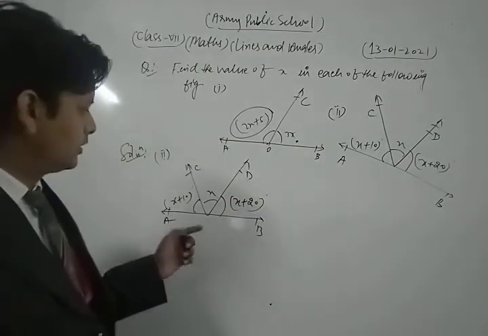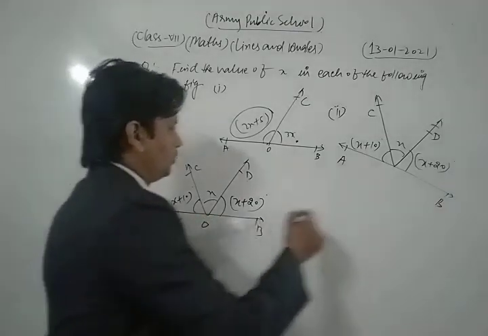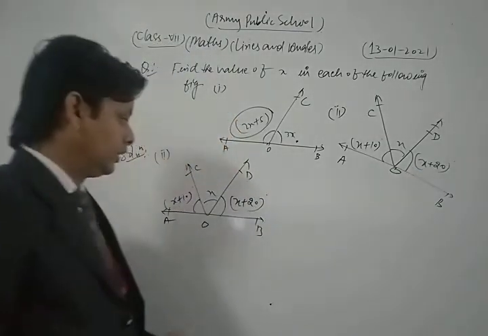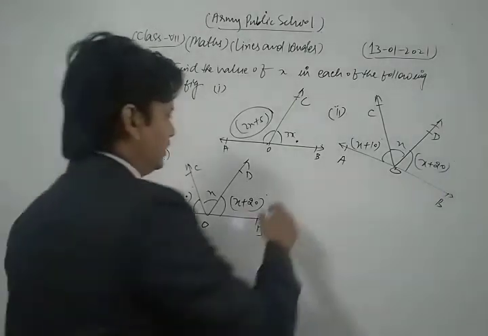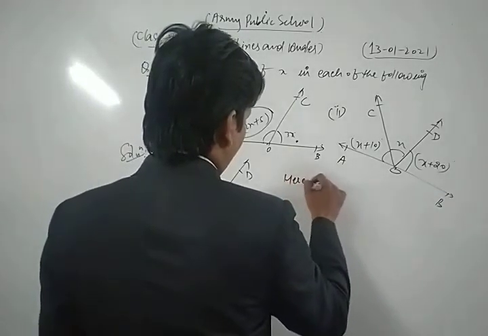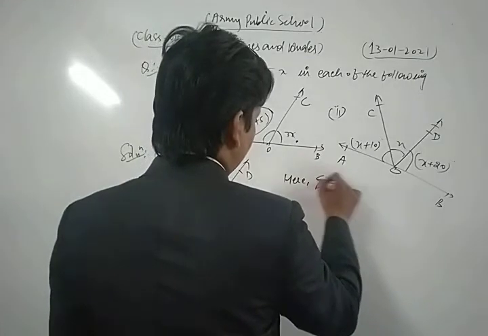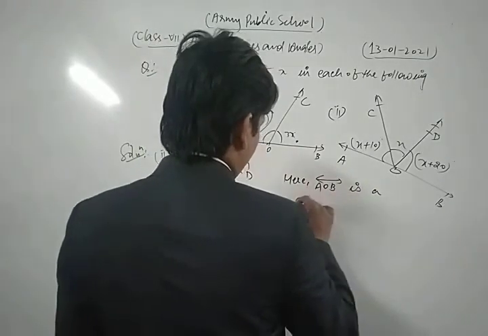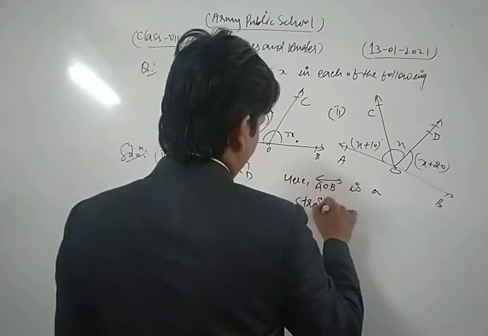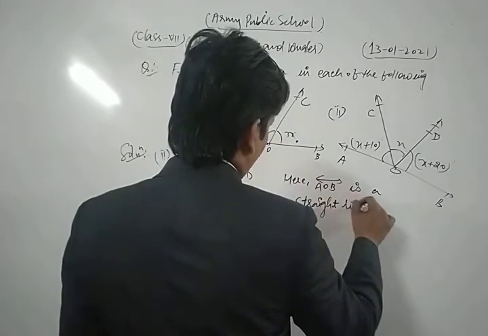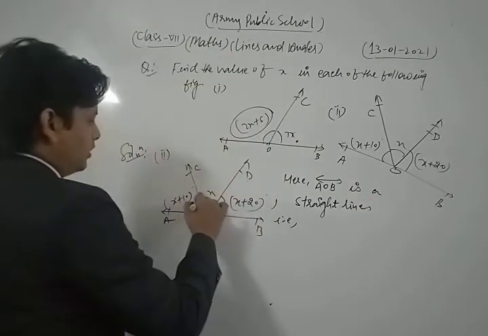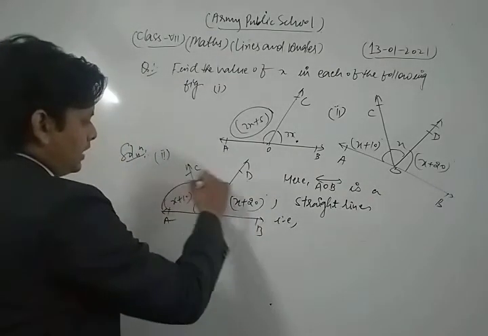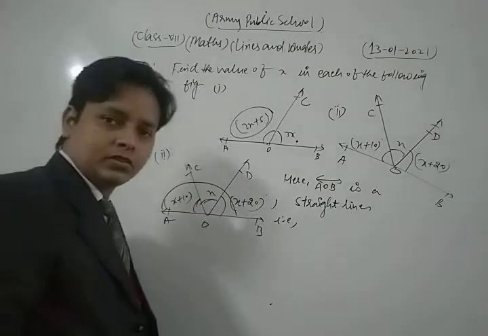Okay. Now here in that figure, this AOB is a straight line. Okay, let's see here. AOB is a straight line. That is, the sum of measures of all the angles on that line must be equal to 180.